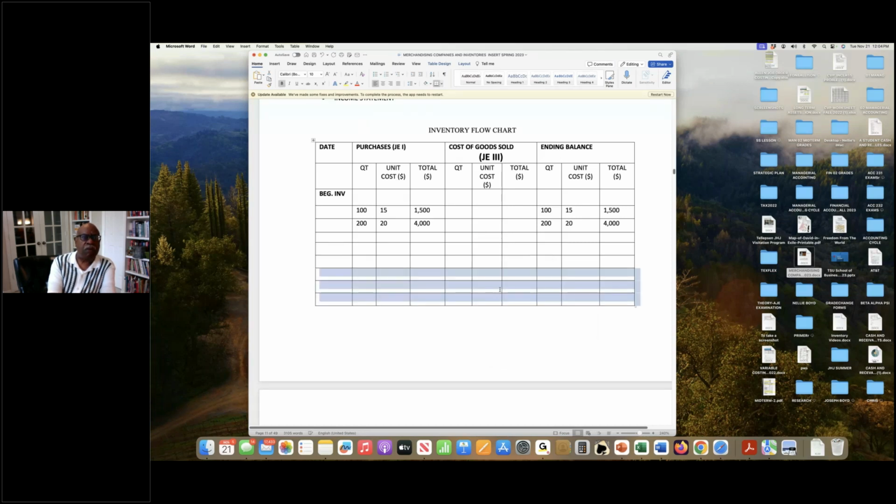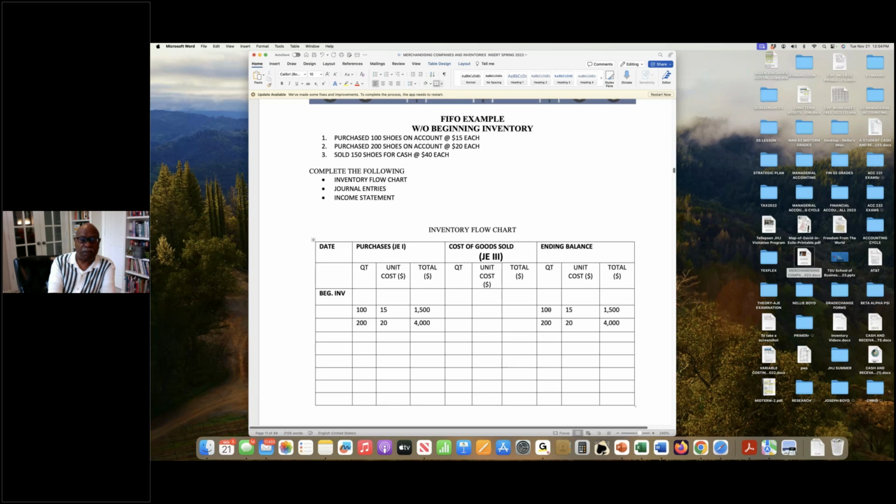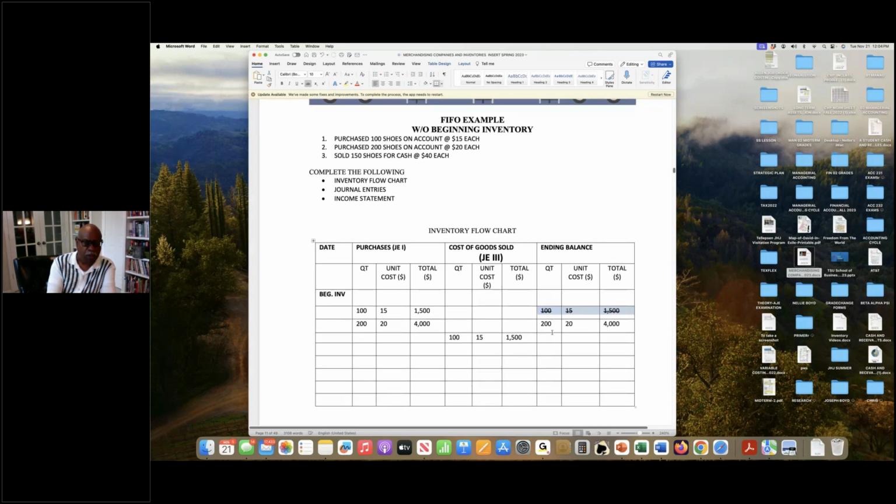We sold 150 pairs of shoes, so we sold these first. Now these are all gone. But since we sold 150, we have to come into this layer and get 50 more.